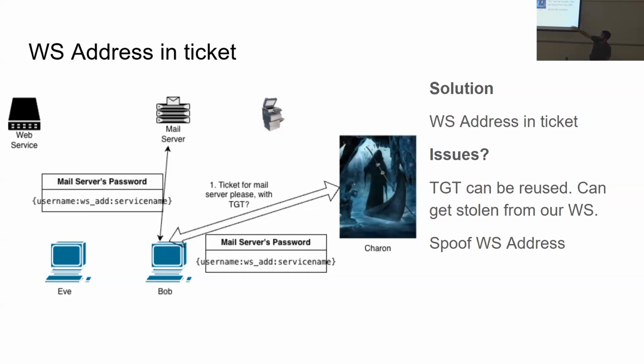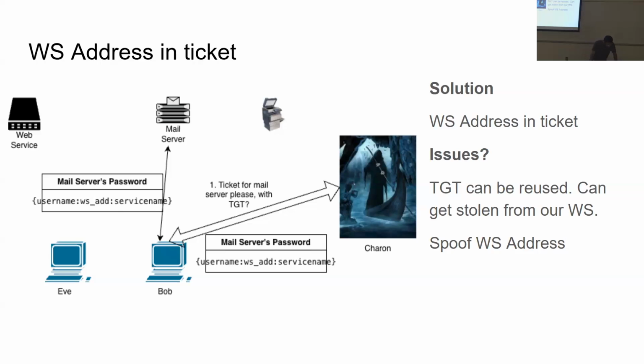It can directly steal the ticket from Bob and just pass it over to the mail server. And because all of this is encrypted by the mail server's password, the mail server would think that the request is actually coming from Eve, and Eve might be able to get access to Bob's mailbox.